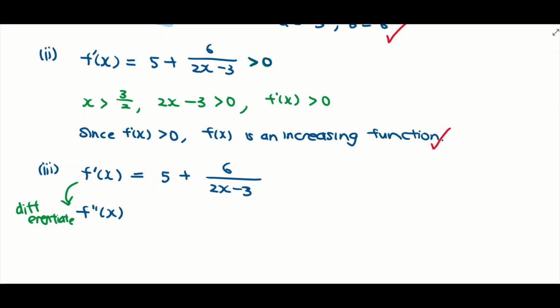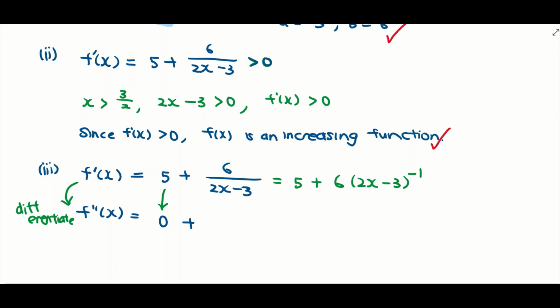So what I will do is, let's take a look at the function and see whether we can simplify it. My 6 over 2x minus 3, I can simplify it to 6 times (2x minus 3) power negative 1. So that I get ready for differentiation, bring down power minus 1. If I differentiate my 5, it will become a 0, which might as well don't need to write it.